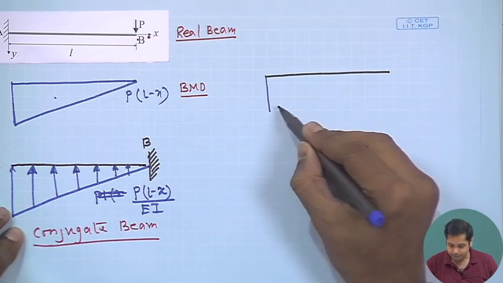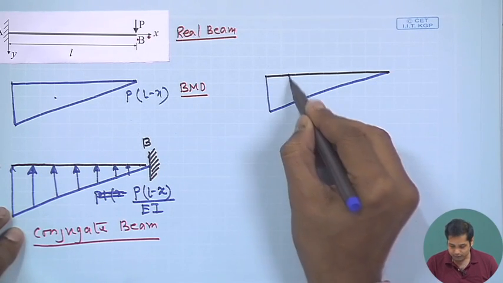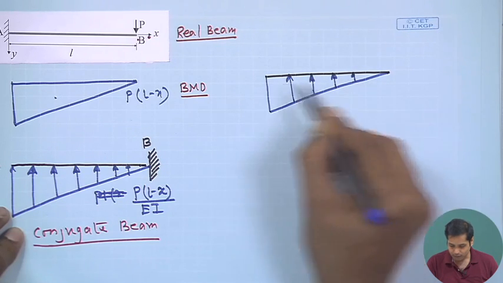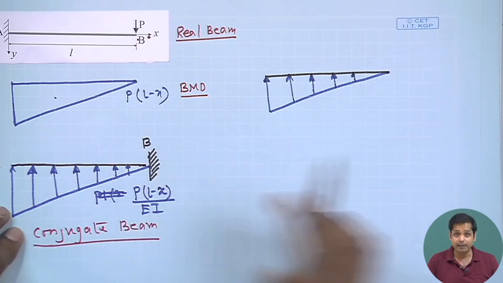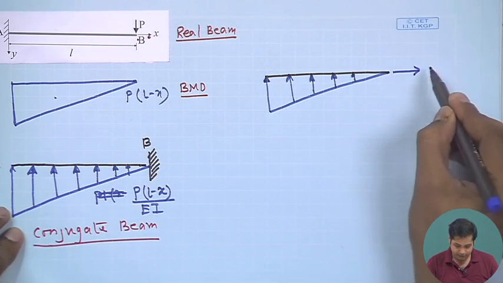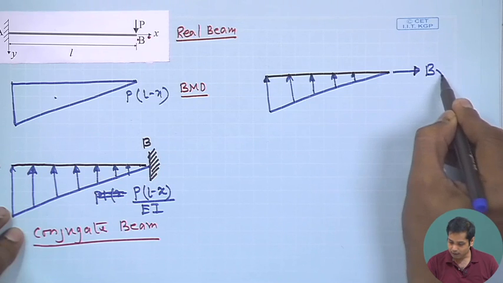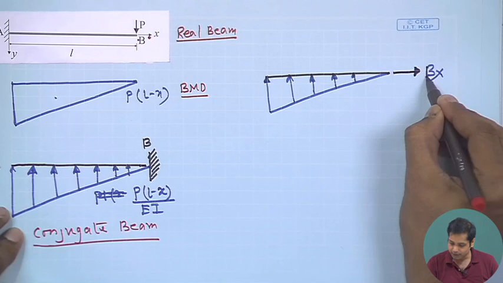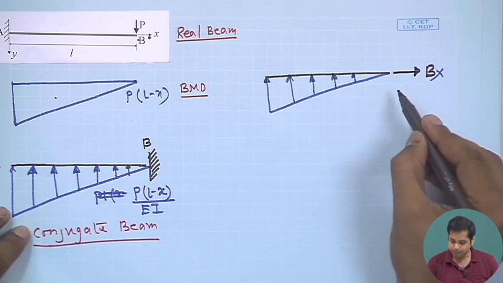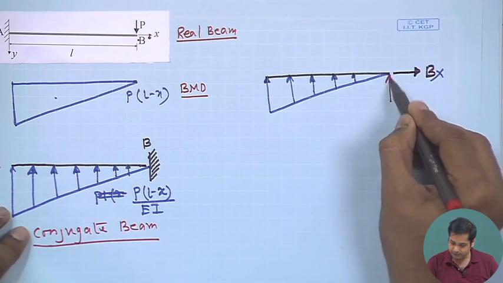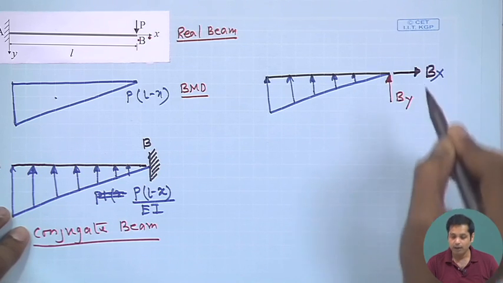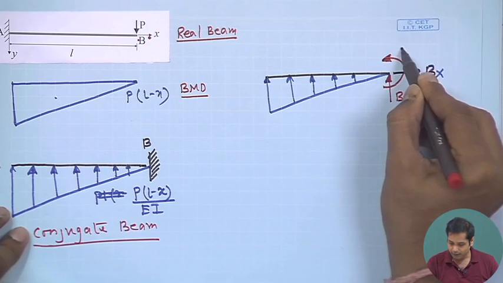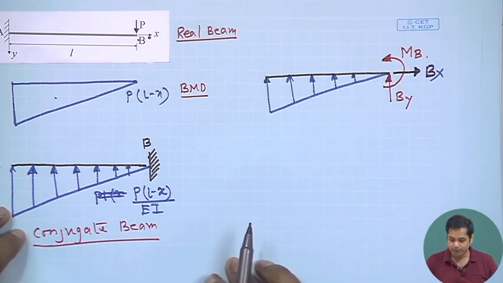Apply the load on this, and then at the fixed end we have, say, Bx, and then By and moment MB. Okay.